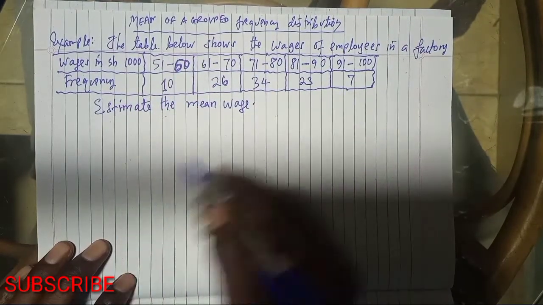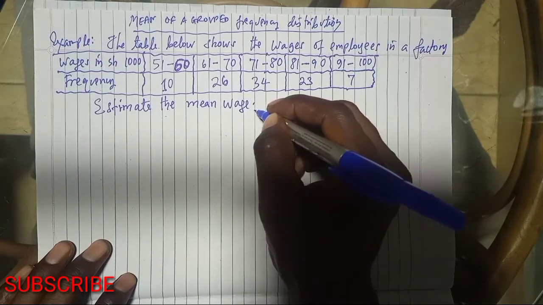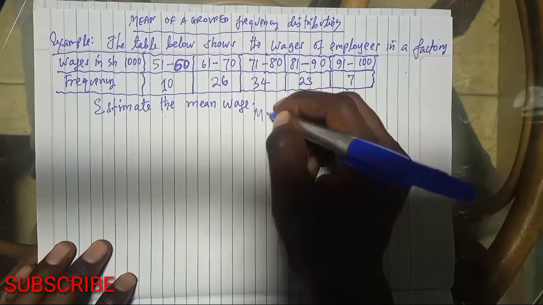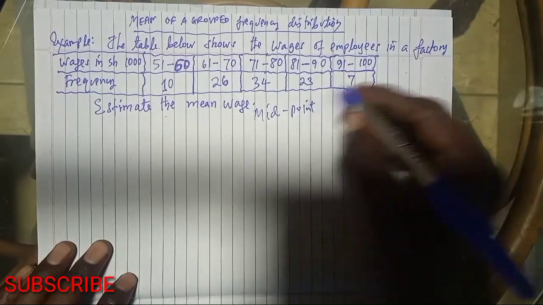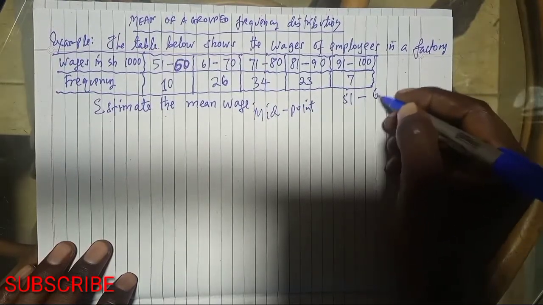To find the midpoint, for example, you have 51 to 60.